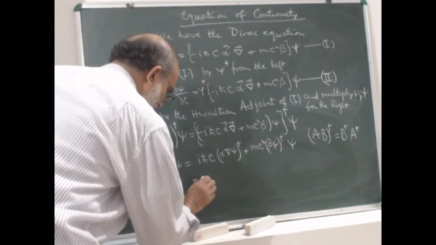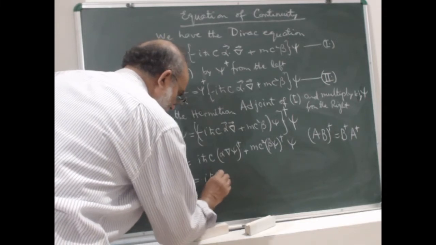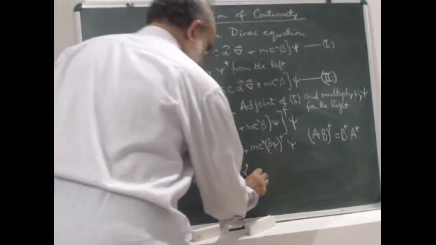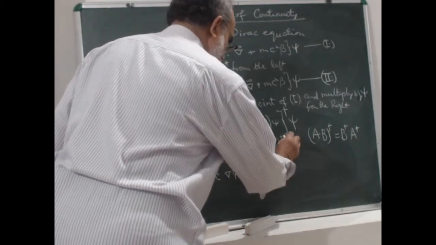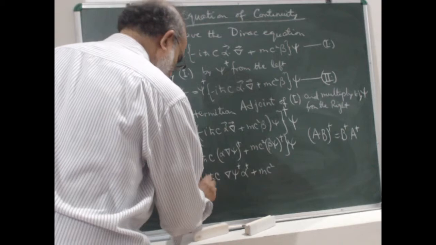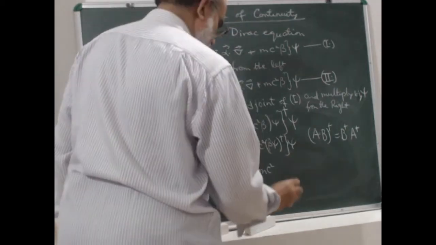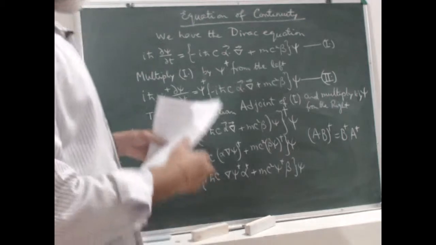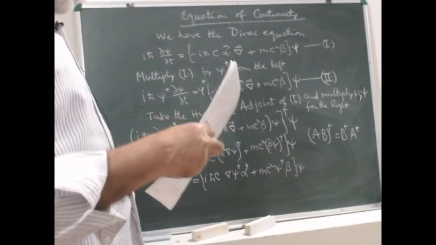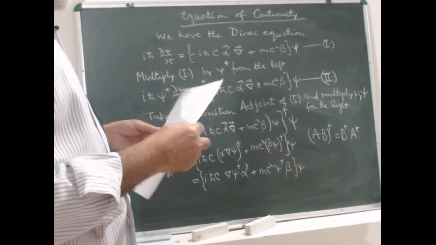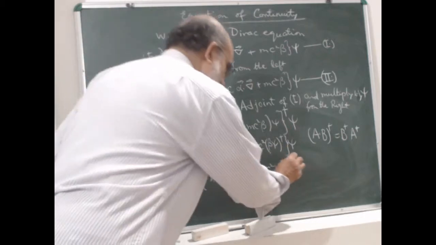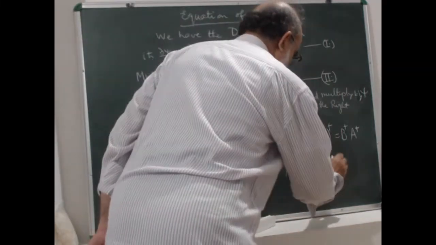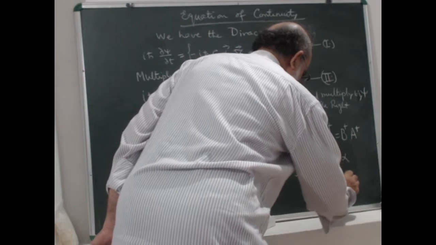So this becomes iħ c, plus m c². Now since α and β are Hermitian, α dagger will be equal to α and β dagger will be equal to β.